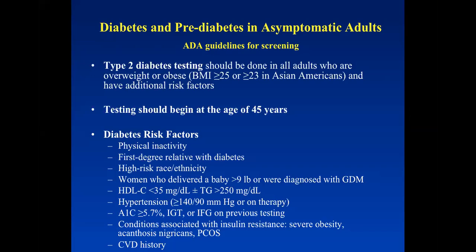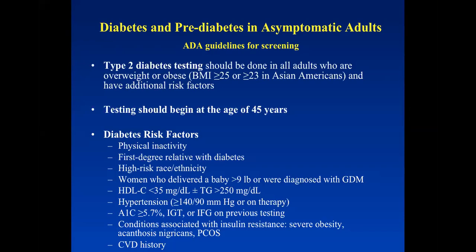Okay, and if they have additional risk factors. So you should screen people for type 2 diabetes if they are overweight beyond a certain BMI, plus they have additional risk factors. Okay, they also recommend testing should begin at the age of 45 years.